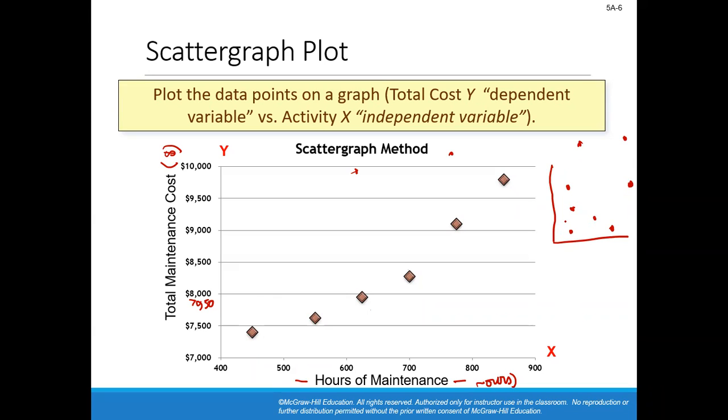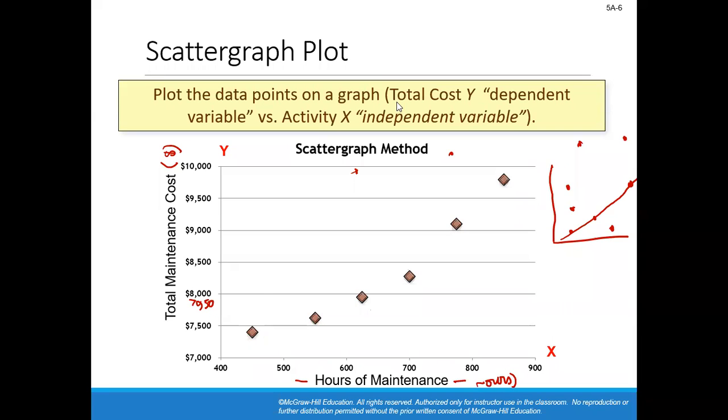Say I try to connect at least these 3 dots. But what do you think? Are the other dots closer to the straight line or much farther from the straight line? Very far. In that case, you do not expect that there is a linear relation.